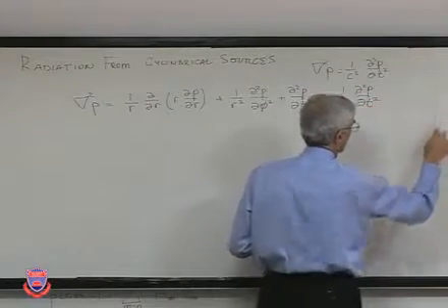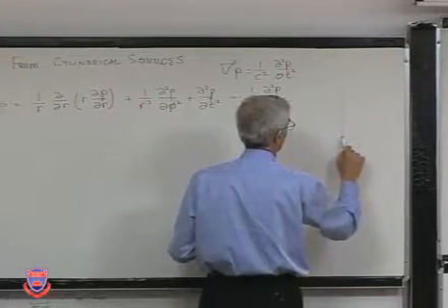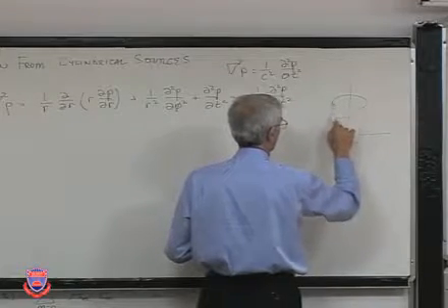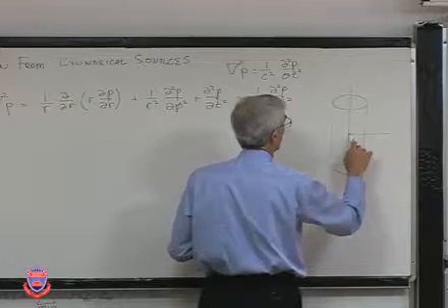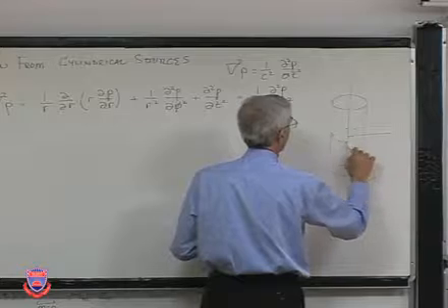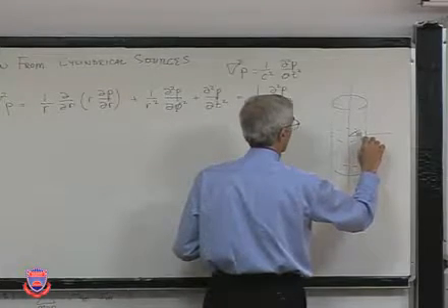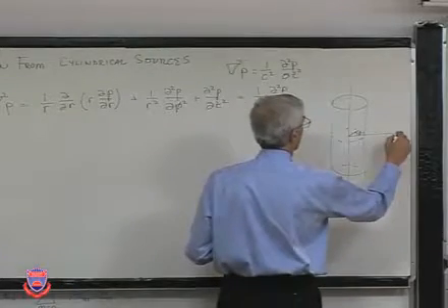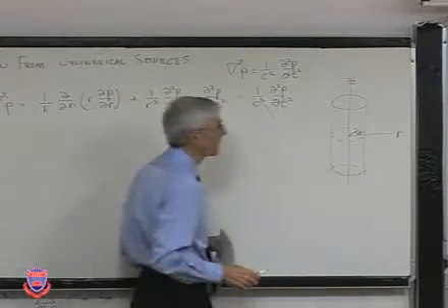So the coordinate system is phi, r, and z.